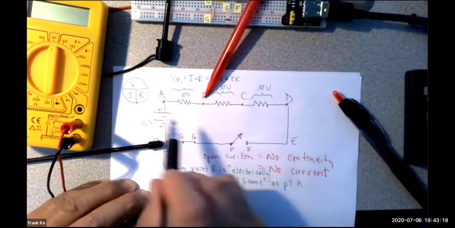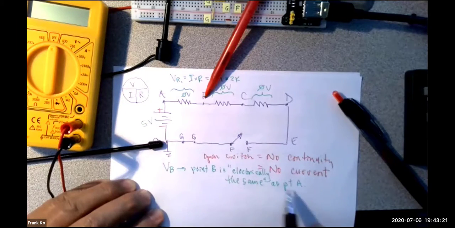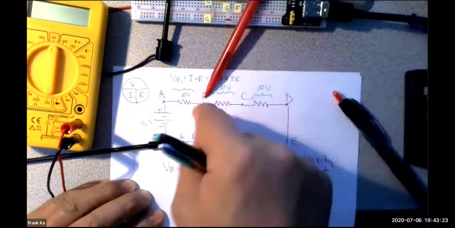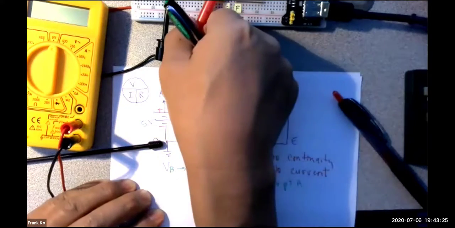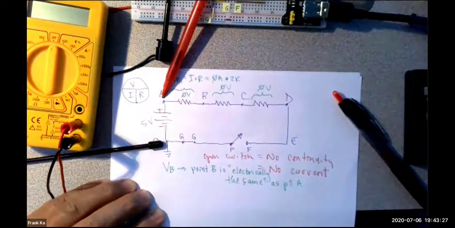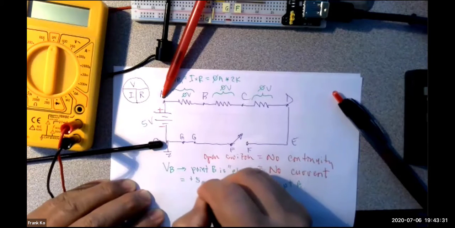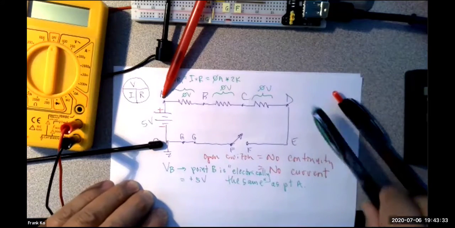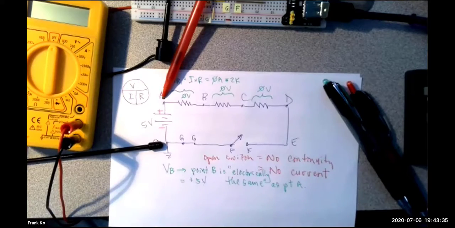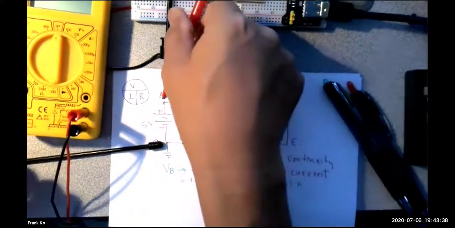So point B must be electrically the same as point A. So having my red probe here would be the same as having my red probe here. What do you see between these two probes? Positive 5 volts.